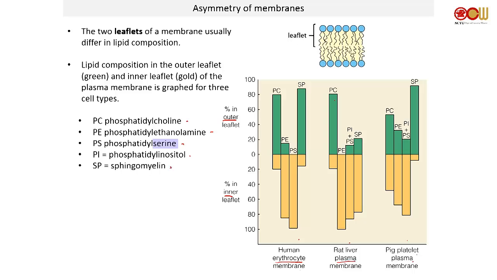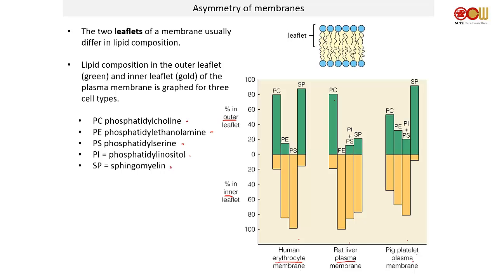Phosphatidylserine has one additional negative charge on the outside, because serine is an amino acid and the acid group is also on the outside. PI has a sugar; inositol is a sugar alcohol. Sphingomyelin, you remember what that is, right? We just talked about it last Friday. It's that sphingosine with a phosphate group on top.